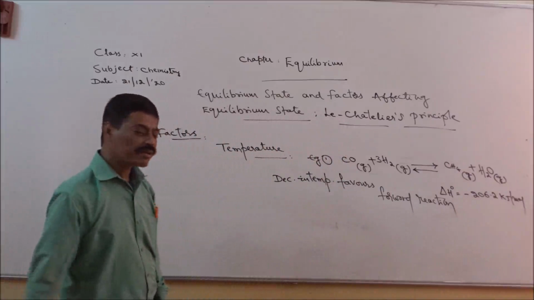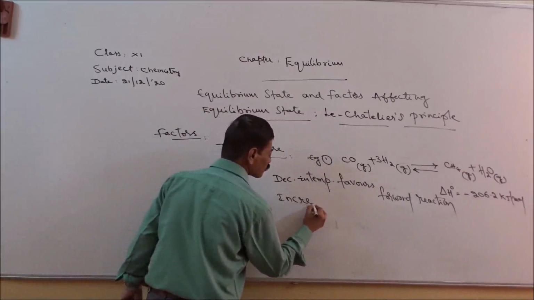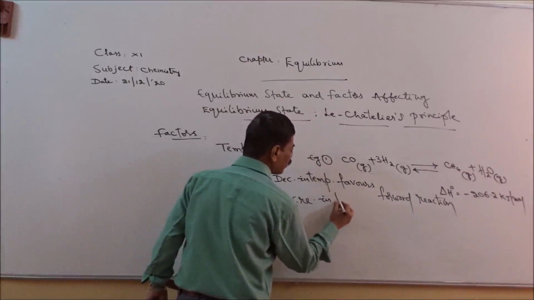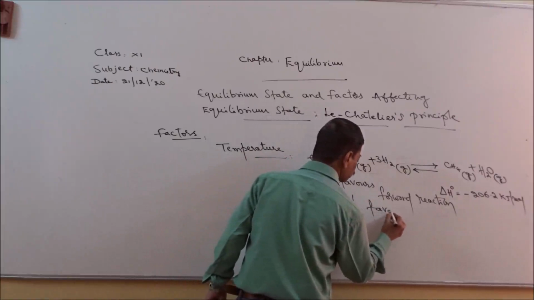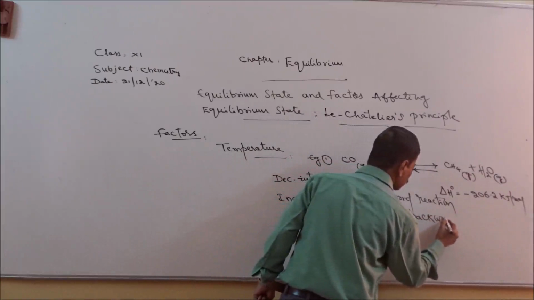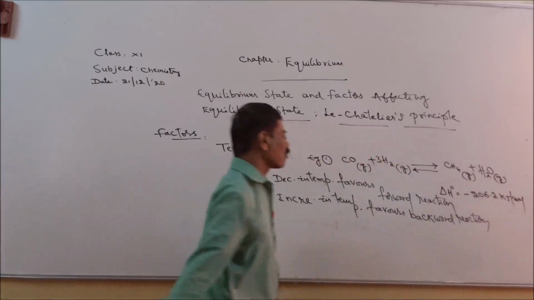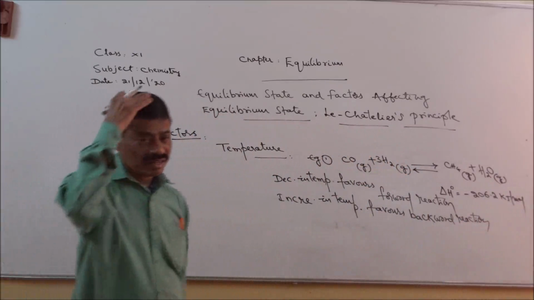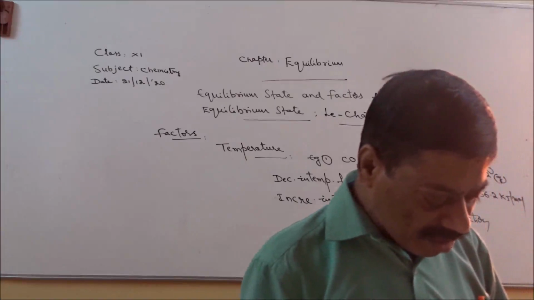And at the same time, increase in temperature favors the backward reaction. This is one example wherein methane and water vapor are formed.